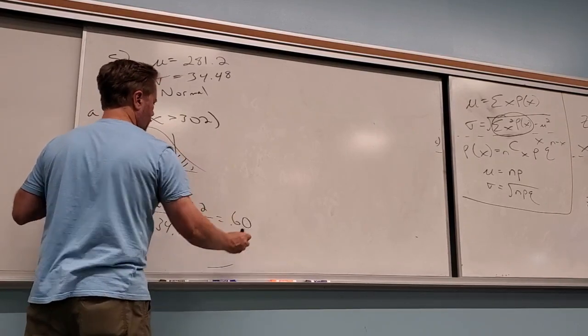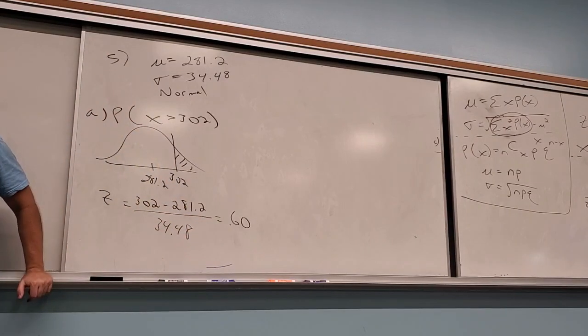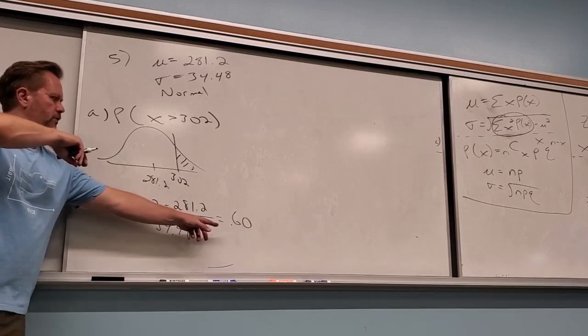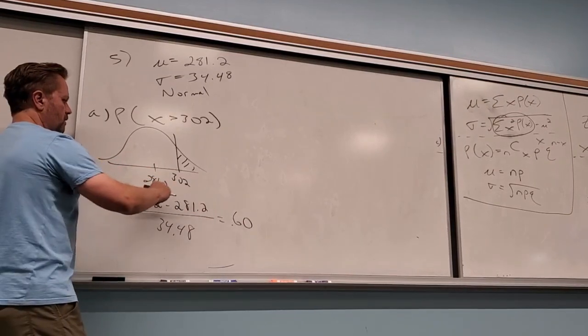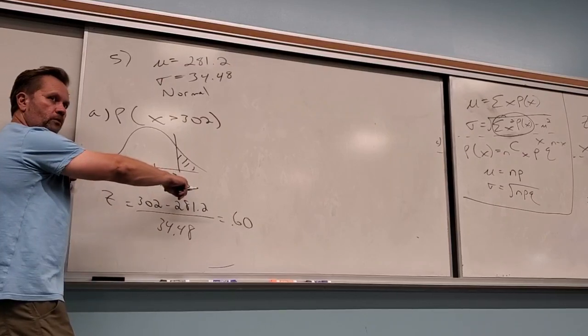Oh, did you look up 0.60? 0.7257. Okay, so we got a Z-score 0.60, that means I'm 0.6 of a step up from the mean.